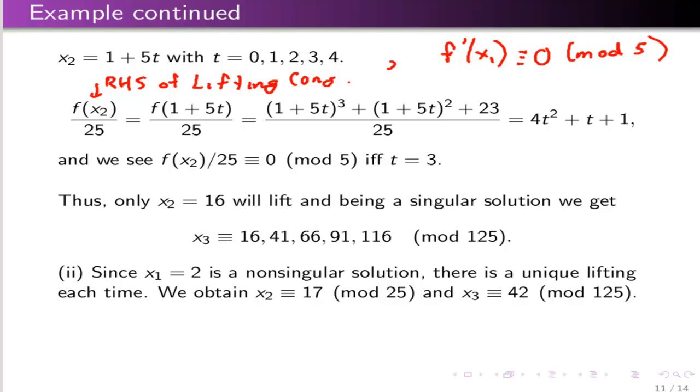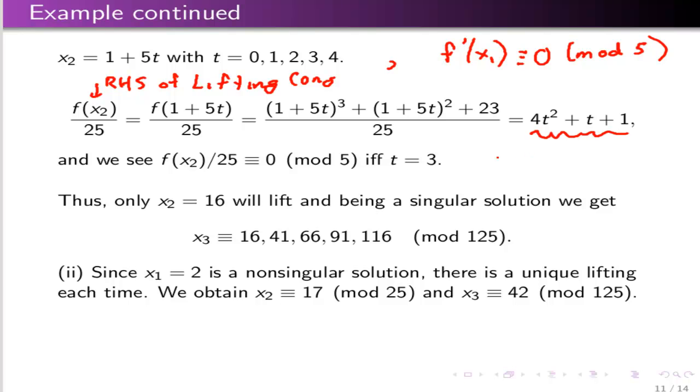And I just calculate it. So I take f of 1 plus 5t, plug it into the polynomial, and after doing a little bit of arithmetic and simplification, I'll let you bother with that, it just boils down to 4t squared plus t plus 1. And so we see that f of x2 over 25 is 0 mod 5 if and only if t is equal to 3.